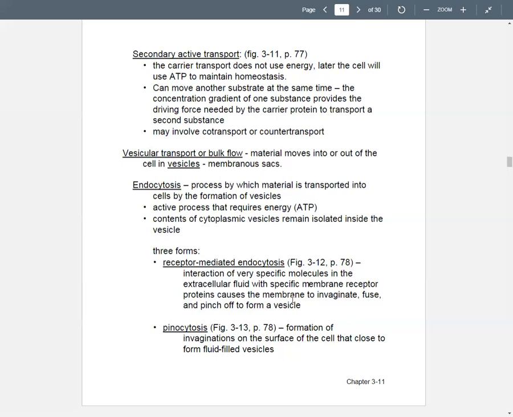It can be through what we call endocytosis or exocytosis. In endocytosis, endo means inside, right? So this is a process where the material gets transported into the cell using a vesicle. It's typically an active process. It's going to need ATP or energy.